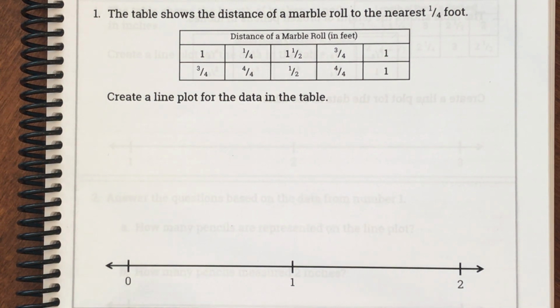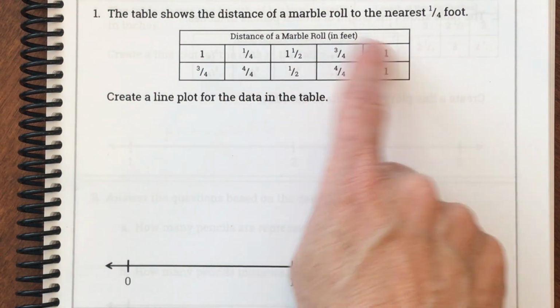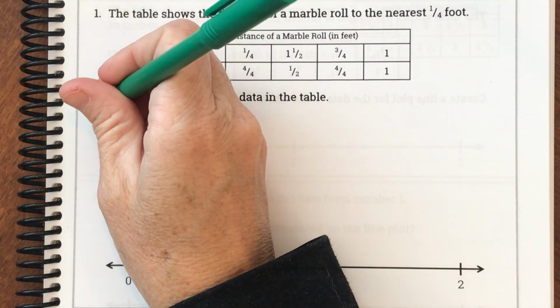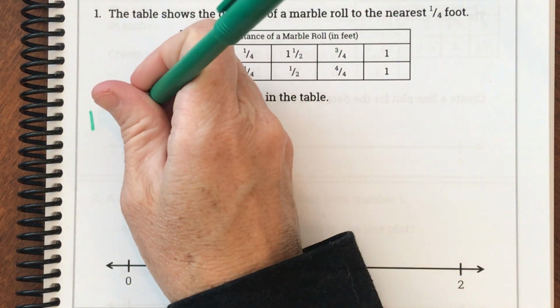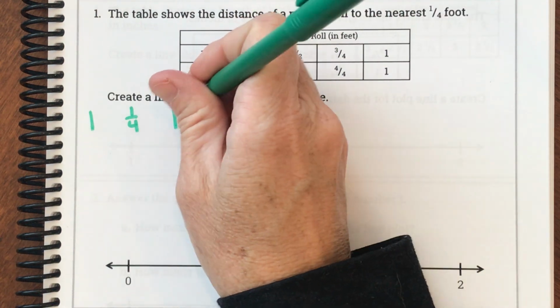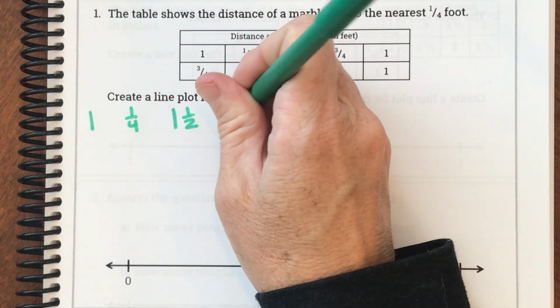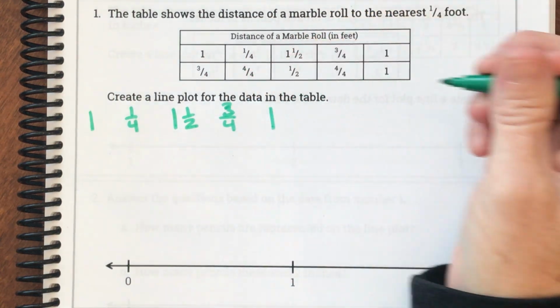And then we have 1, 2, 3, 4, 5, 6, 7, 8, 9, 10 pieces of data. Okay, so it says list all the numbers horizontally. So let's just list them out so we have room to work. So we have a 1, a 1/4, a 1 1/2, a 3/4, a 1.